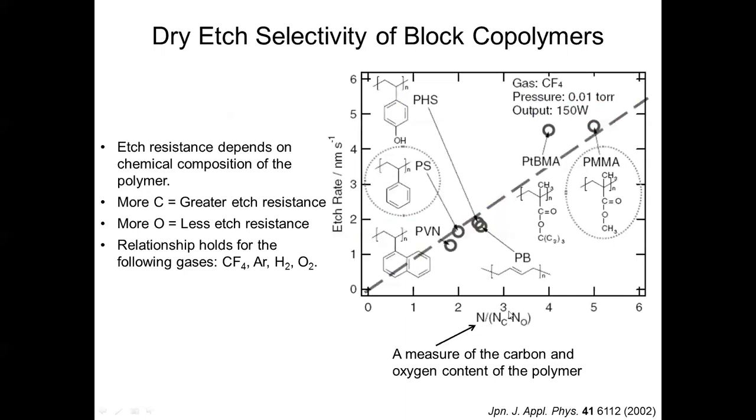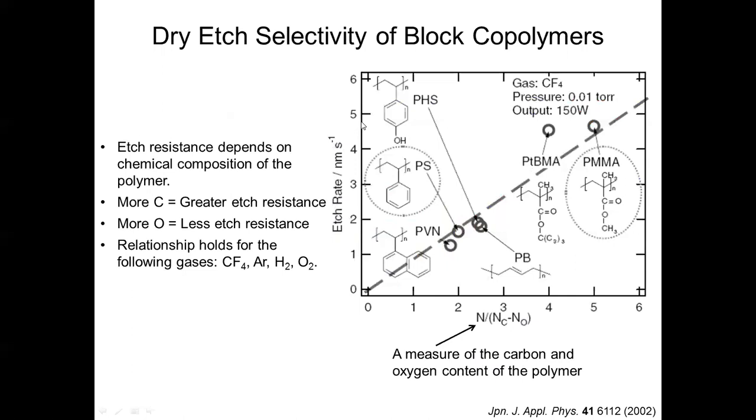So this is a ratio. But if we focus on the etch rate, a material like PS right here, this circle, has a rather low etch rate. And then if we look at PMMA, PMMA has a tremendously high etch rate.